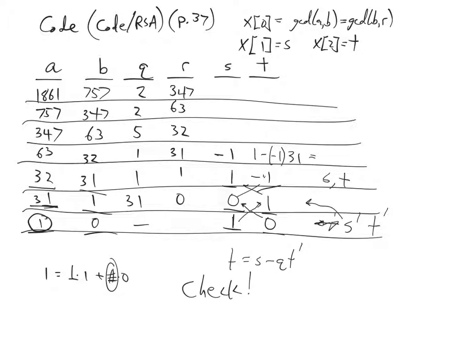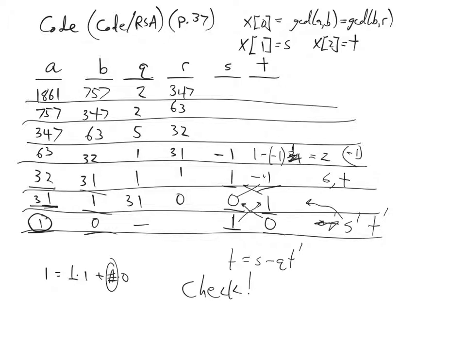No, wait a minute. Oh, I'm doing something horribly wrong. Oh, sorry. It's really important to use Q, not R. So the Q is actually 1, and it's the Q from the row you're on. So 1 minus 1 times 1 turns out to be 2. So the check here is really important because I screwed it up.